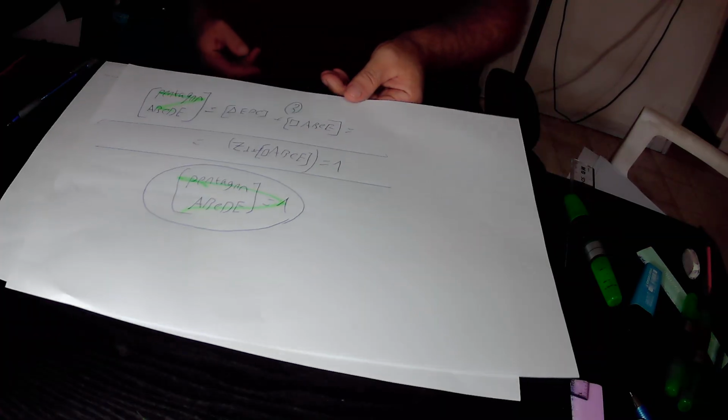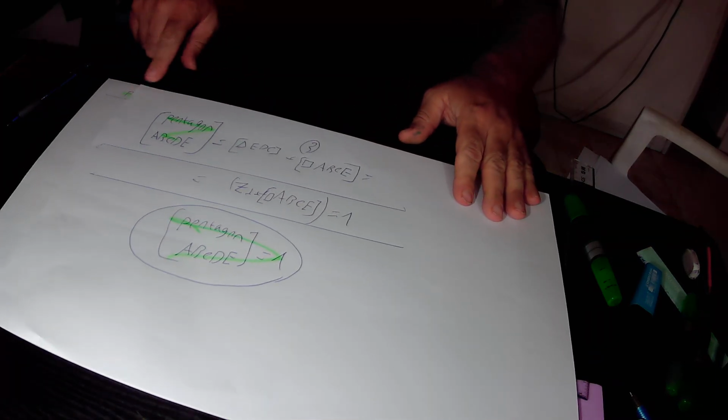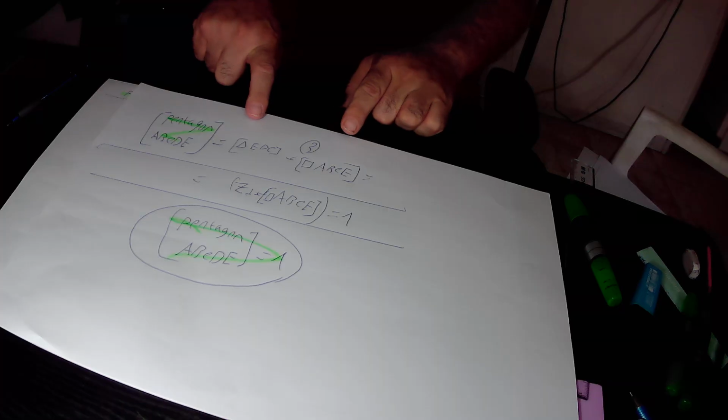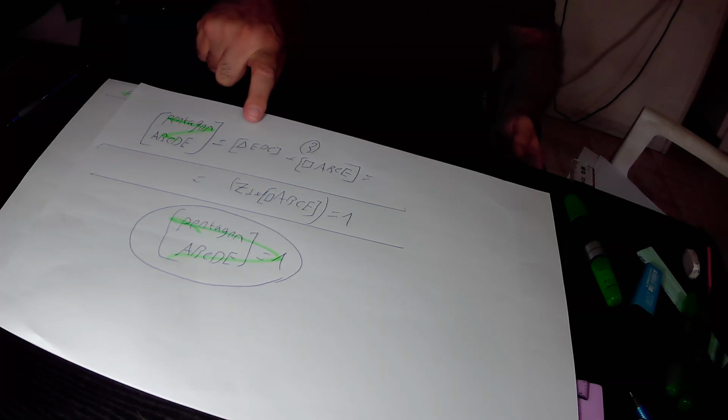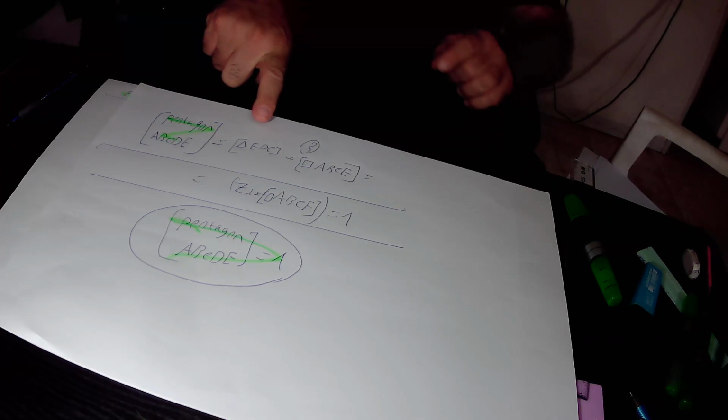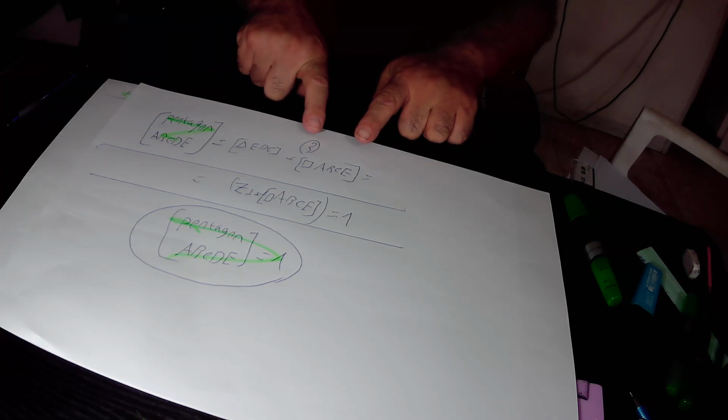Again, the area of the big pentagon ABCDE must be equal to the area of the green right triangle EDC plus the area of quadrilateral ABCE.